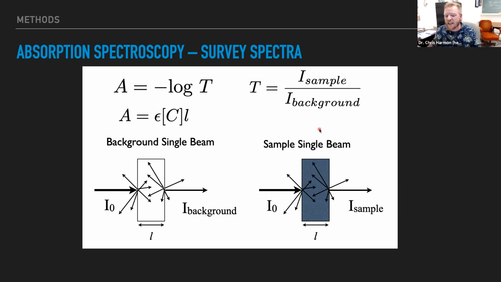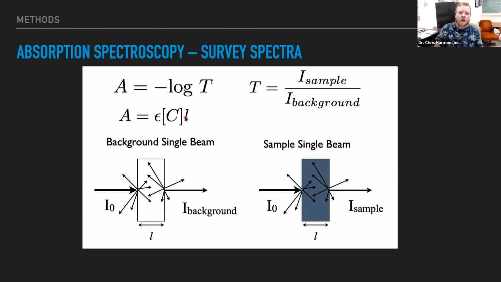So the only thing that you see is the ratio of the intensity exiting the sample compared to the ratio of intensity exiting some background, which will be the same container that you used without your absorbing molecules. Okay, and so I'll remind you, absorbance can also be given by Beer's law, which is the molar absorptivity coefficient, which we also sometimes call the absorption cross section, multiplied by concentration, multiplied by path length.